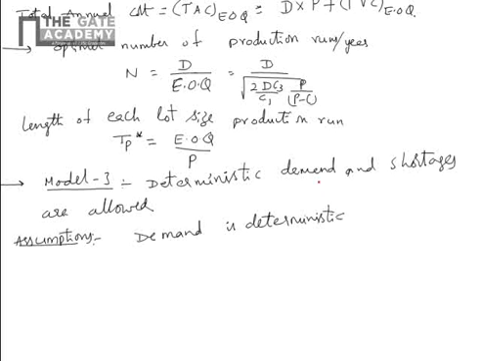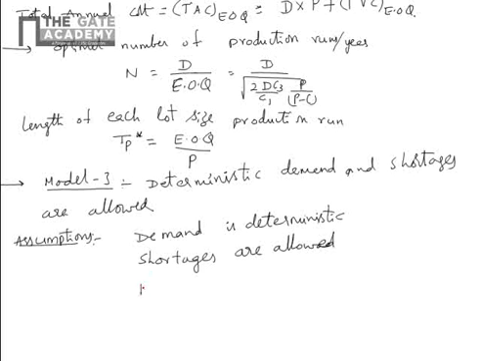Here is the new thing: in the first case no shortages, second case also no shortages, but here shortages are allowed. So that means we don't have inventory to meet our sudden requirement.